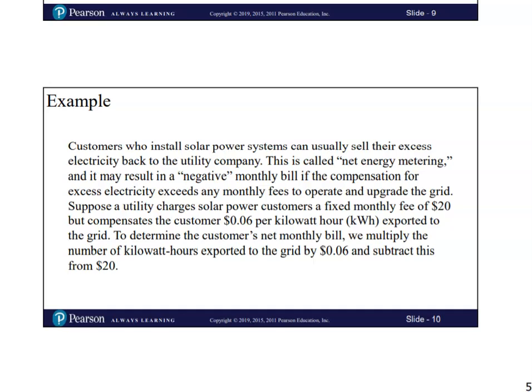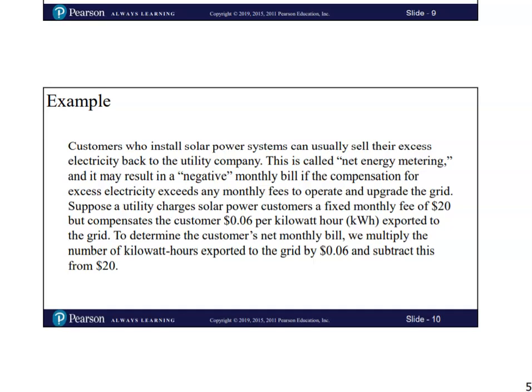Customers who install solar power systems can usually sell their excess electricity back to the utility company. This is called net energy metering, and it may result in a negative monthly bill if the compensation for excess electricity exceeds any monthly fees to operate and upgrade the grid.